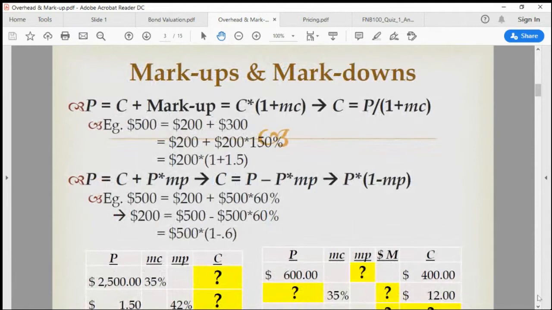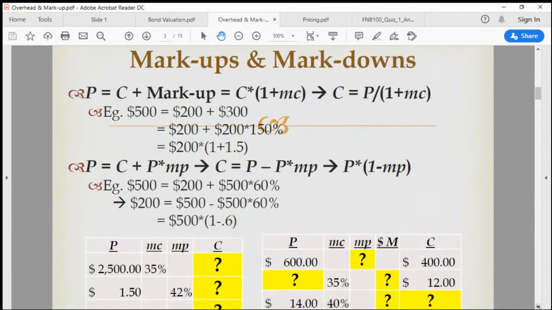So then this markup, which is overhead plus profit, we can consider markup as some percentage of cost.